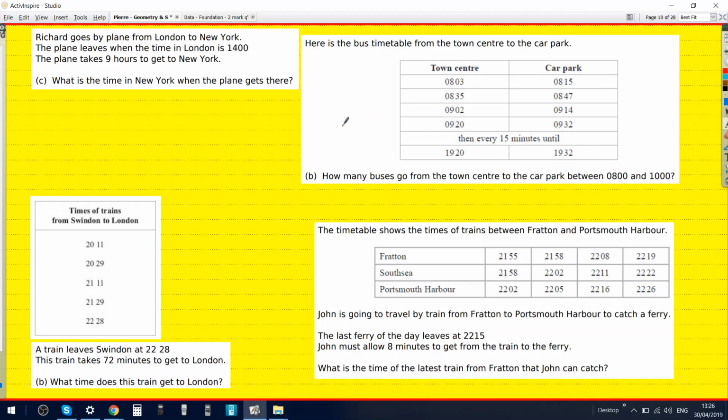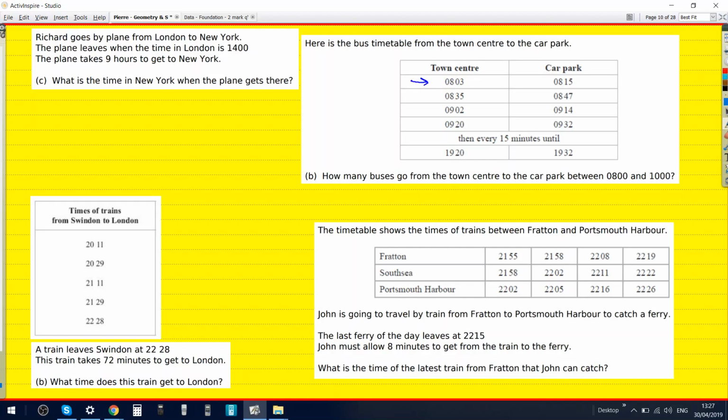Well, how many between, let's say, 8 to 9 or something? 8 to 9. So none. It's only from 9 to 9:14, 9:20 to 9:32. Or am I going mad?